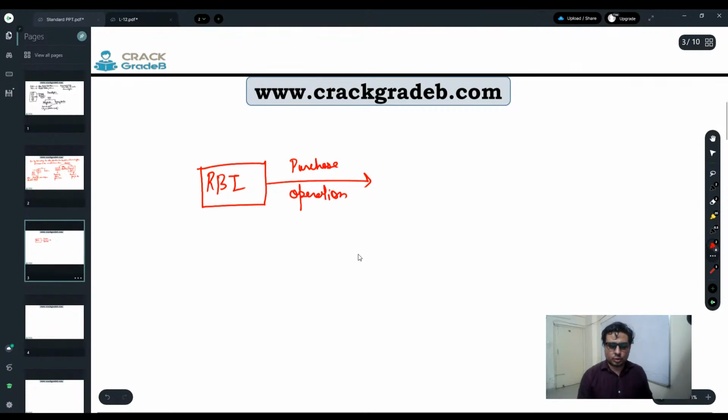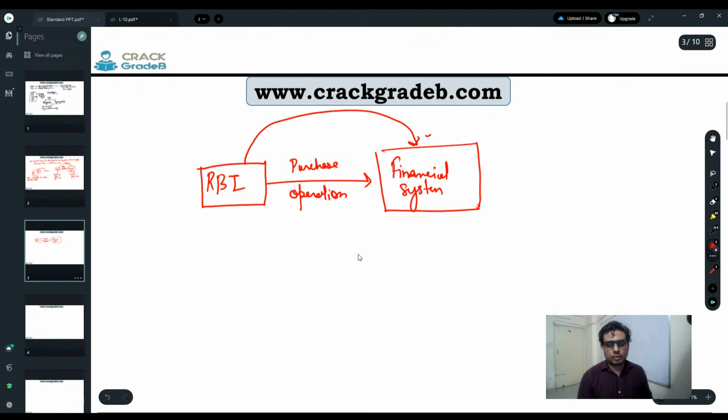Then liquidity will move from RBI to the financial system.